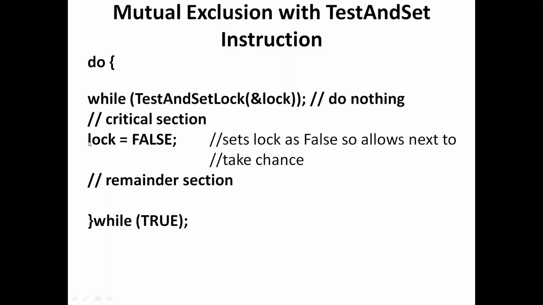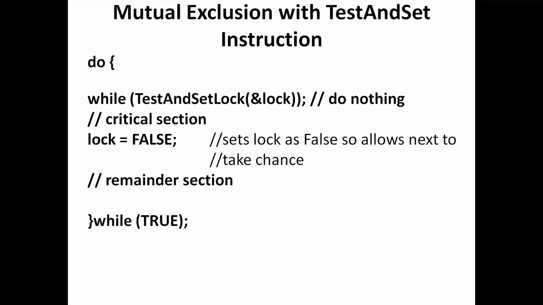So after executing the critical section, we set the lock value to false again. That says that my execution is done and I am not interested in entering the critical section. It sets lock to false so that the next process can take a chance.